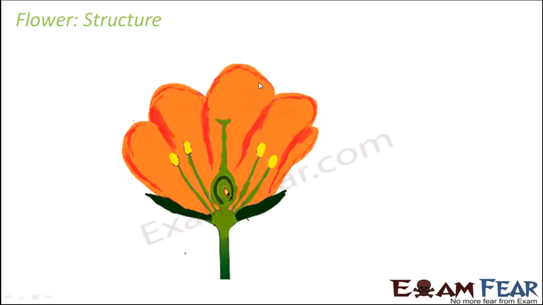Now here I have shown the basic structure of any flower. What are the important parts of this flower? Let me quickly tell you. These colored structures which you see in a flower, in some flowers it is yellow, in some flowers it is red.